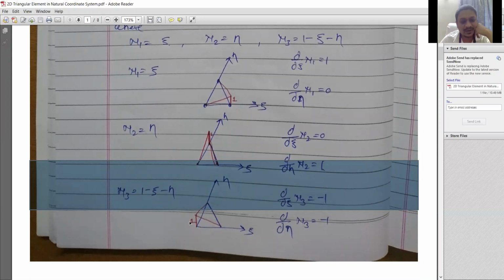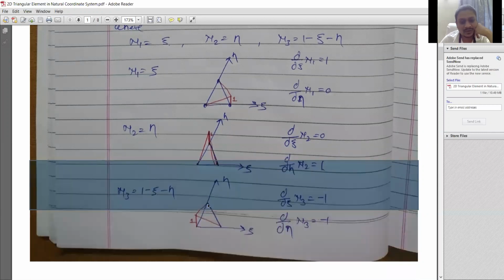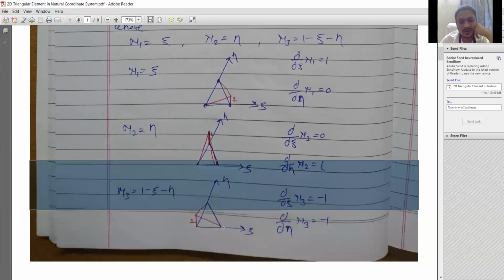At the third node, the values of xi and eta are both 0, so this will always be 1. At the first node, the value of xi is 1, so your N3 value will be 1 minus 1, which is 0.